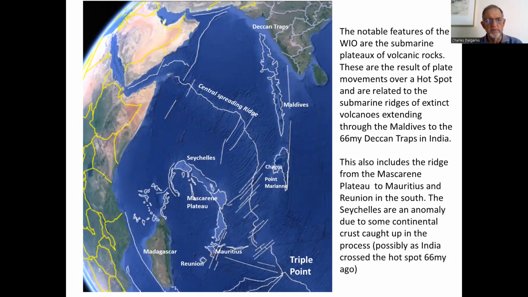And from that time onwards, 47 million years, you've had that trend of extinct volcanoes or subsea seamounts running down to Mauritius at 8 million years and Reunion in the present day, which is where the hotspot is actually and has been located throughout. The Seychelles, a lot of that western portion of the Mascarene Plateau, and the Seychelles are, of course, continental crust.